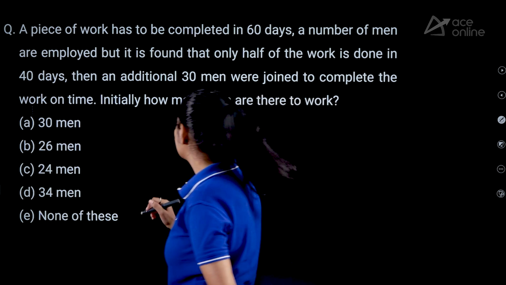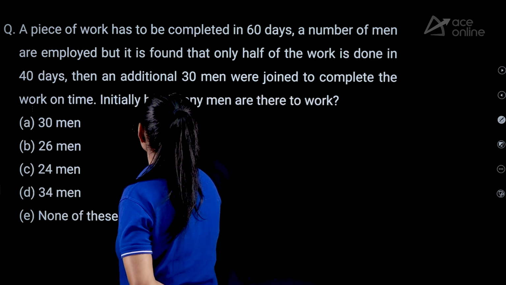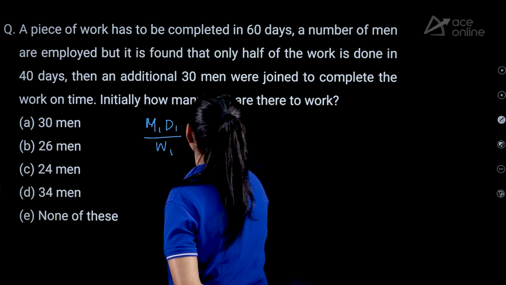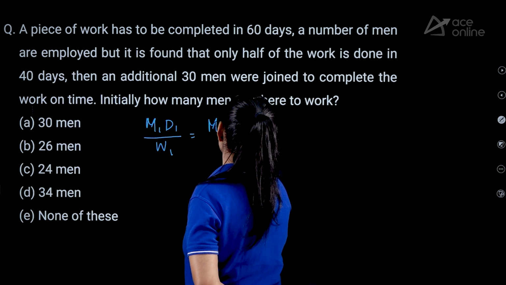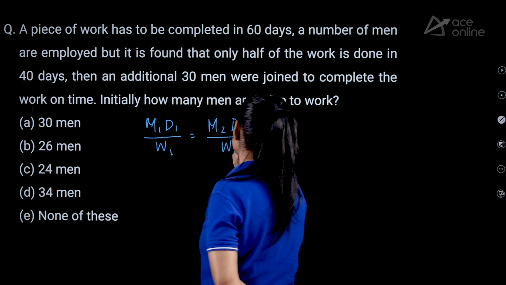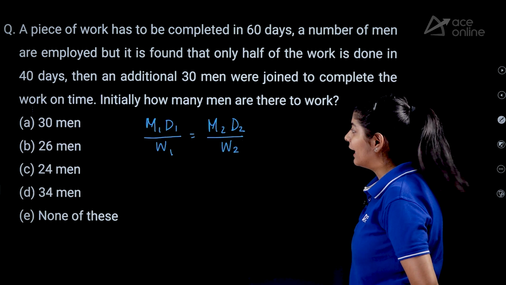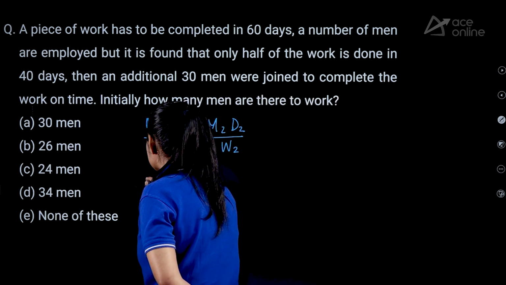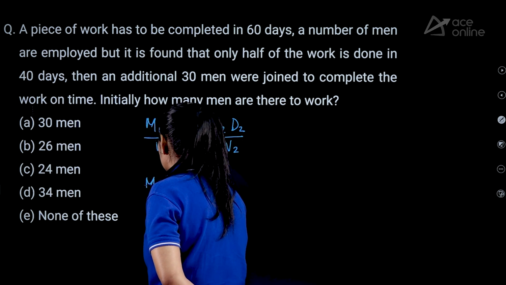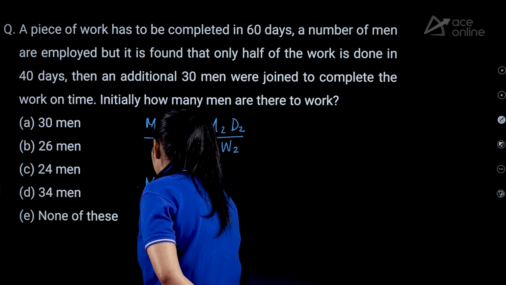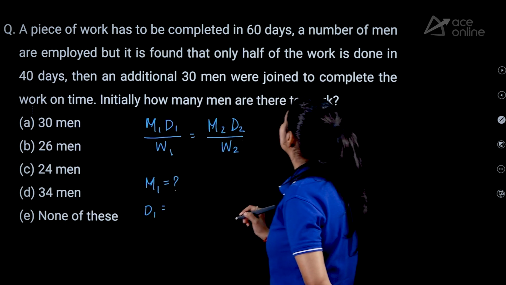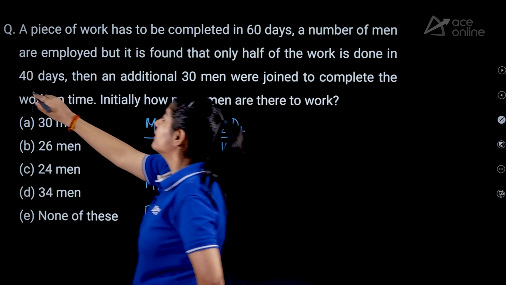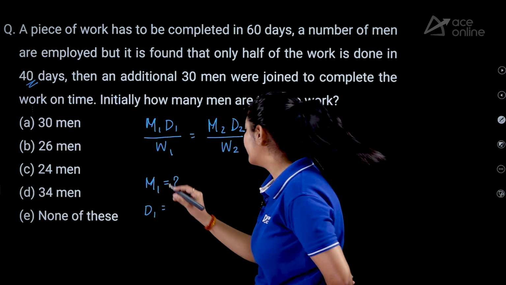So the concept of different work says that M1 D1 W1 equals M2 D2 W2. This is the formula that we are having for the different work, right? So here the question says that we have to determine the value of M1. The value of D1 is equal to 40, because they are checking their work after 40 days.